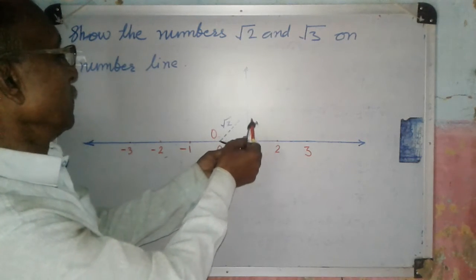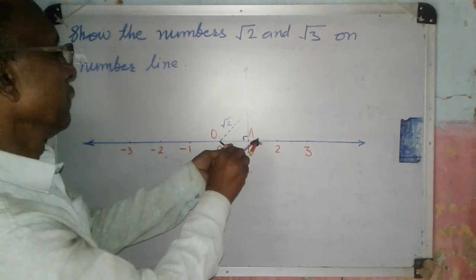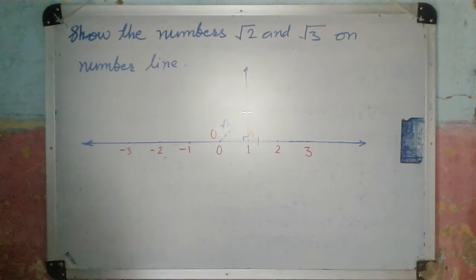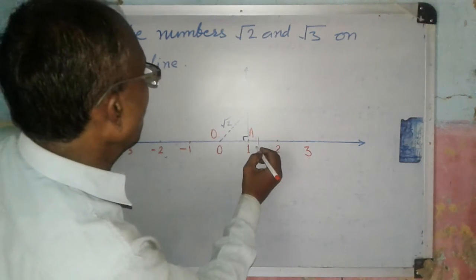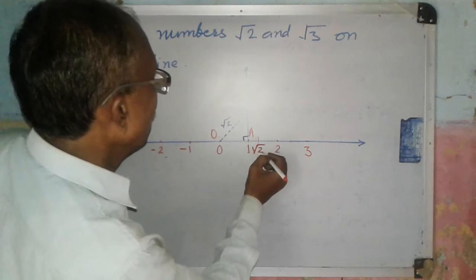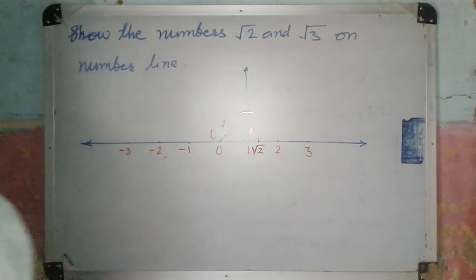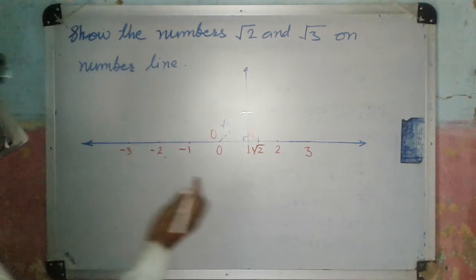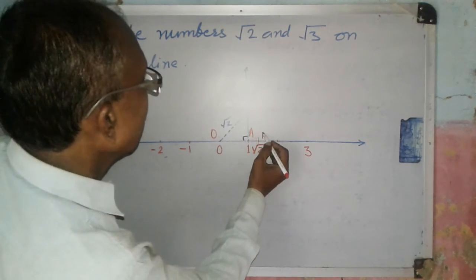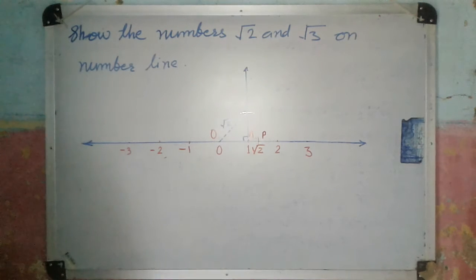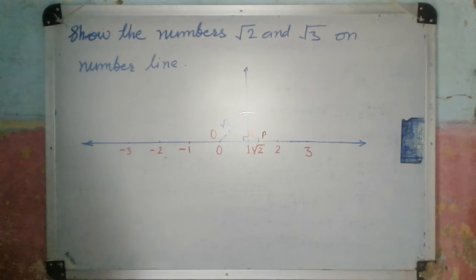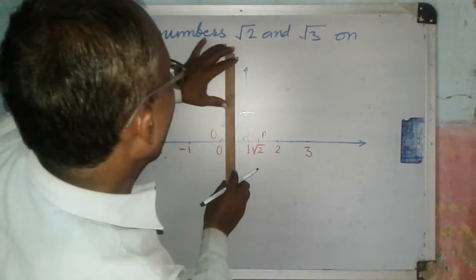So take the same distance on the number line. So here is root 2. And suppose this point is P. Now at point P, again draw a perpendicular line.